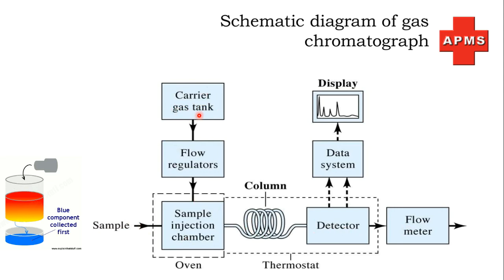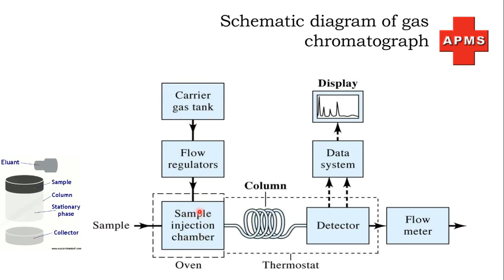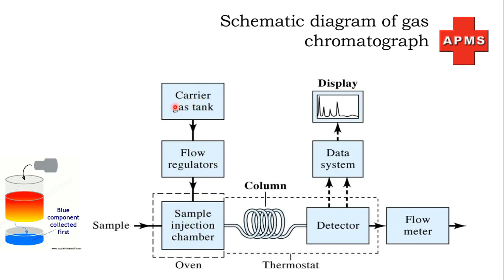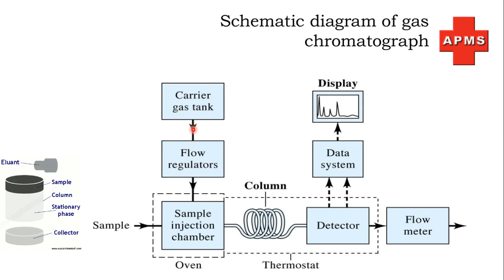From the carrier gas tank, the gas goes to the sample injection chamber, but before that it first flows through flow regulators, because in the tank the gas is filled at very high pressure. If we open the valve, the gas flow would be uncontrolled and very fast.